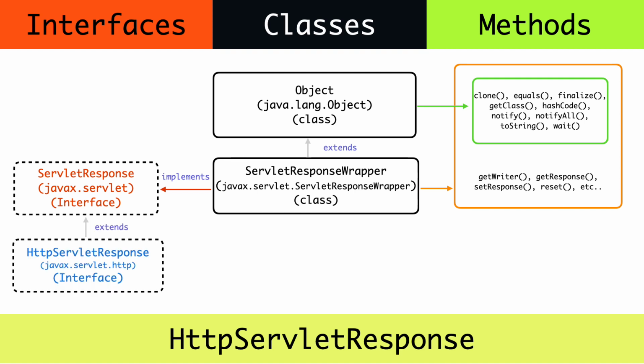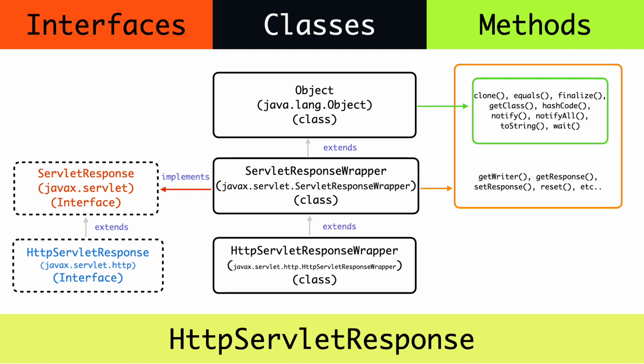We have HttpServletResponse, which is a sub-interface of ServletResponse, and it extends all the methods defined in ServletResponse. But HttpServletResponse is also an interface, similar to HttpServletRequest. And we have HttpServletResponseWrapper, which is a subclass of ServletResponseWrapper, and it also implements HttpServletResponse.